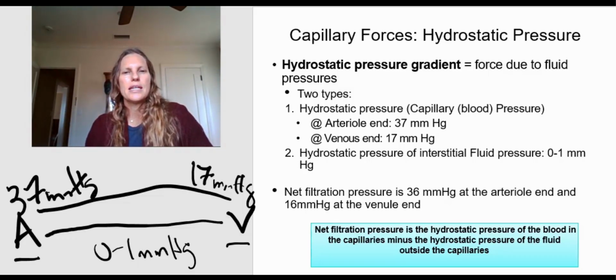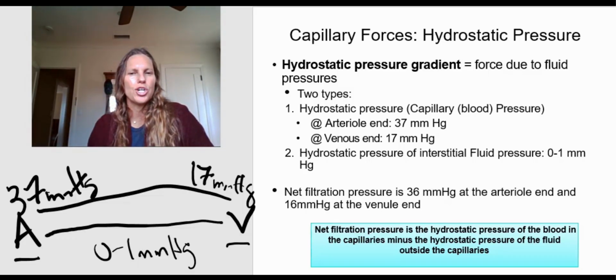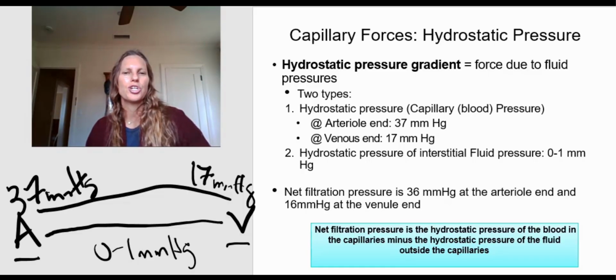So you can see the net filtration pressure is about 36 millimeters of mercury at the arterial end and about 16 millimeters of mercury at the venous end. And in that little blue box at the bottom there, I kind of explained that. Net filtration pressure is the hydrostatic pressure of the blood in the capillaries minus the hydrostatic pressure outside of the capillaries.